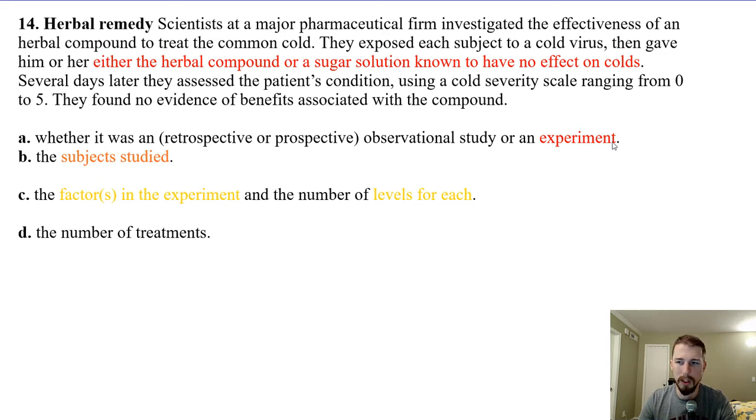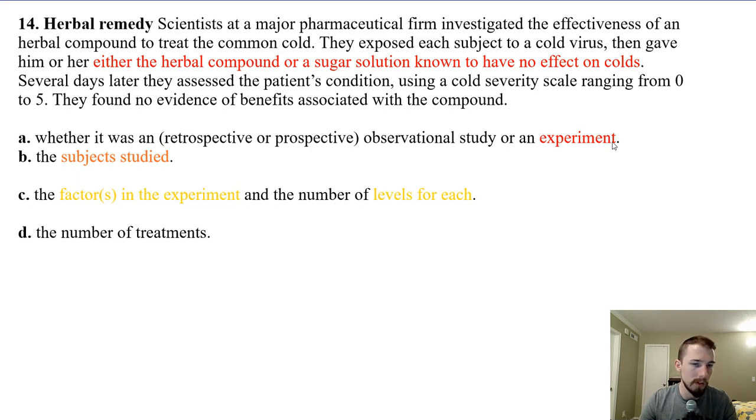What's the point of having a sugar solution or placebo if you're not going to be randomizing it, comparing it? So I would say it was an experiment where they were randomly assigned, but they need to mention whether or not it actually was randomly assigned.